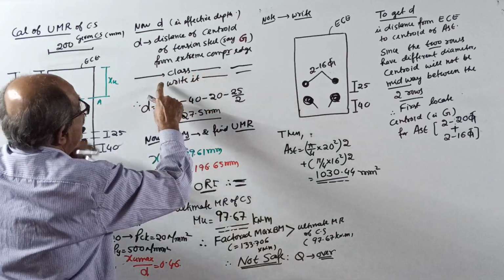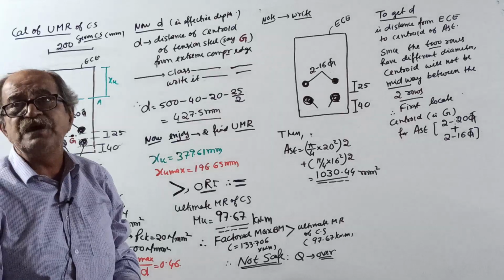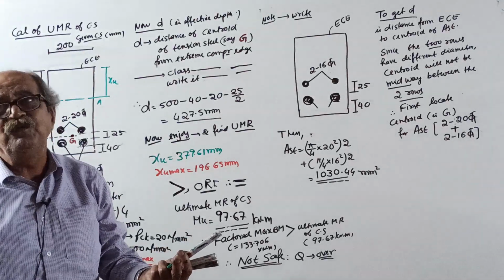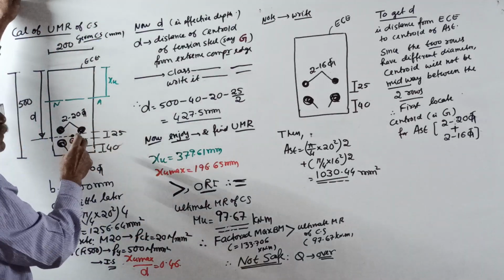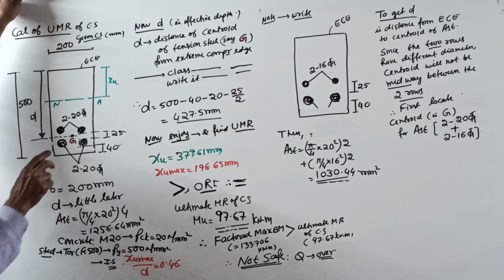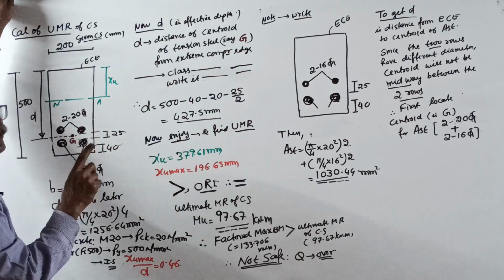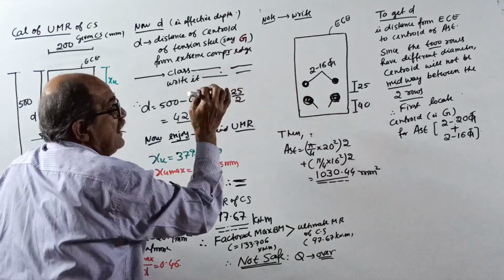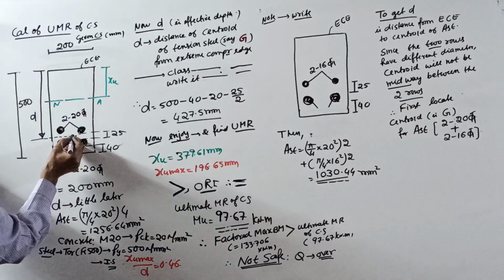Since both the rows are of same diameter, both the rows have same number of bars, 2 bars, or 3 bars, or 4 bars, anything. And whatever is this tail, same should be this tail. Therefore, centroid will be exactly right here, midway between the 2 rows.